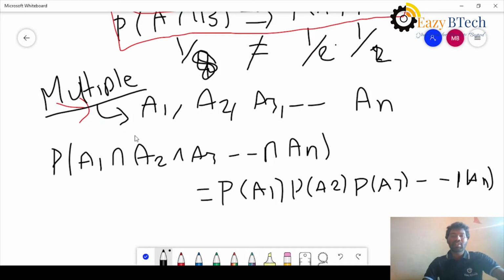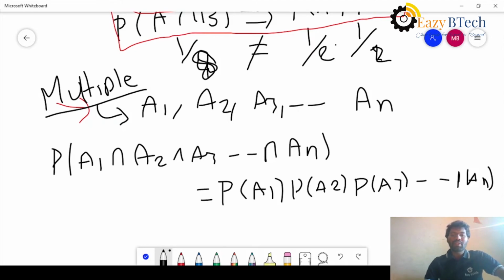If I want to say that these events are independent events, they must satisfy this formula: P of A1 intersection A2 intersection A3 and so on intersection An is equal to the product of their individual probabilities, P of A1 into P of A2 into P of A3 and so on, P of An. If these conditions are satisfied, then the events are called independent events.